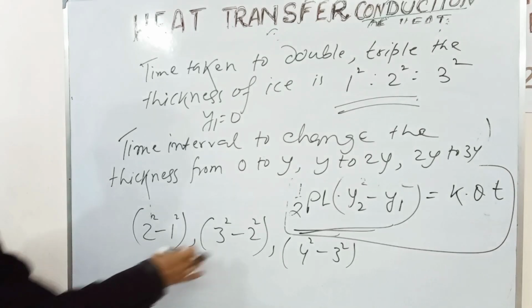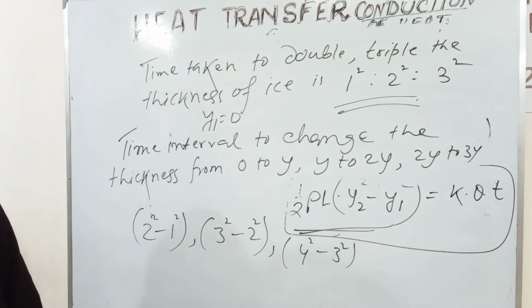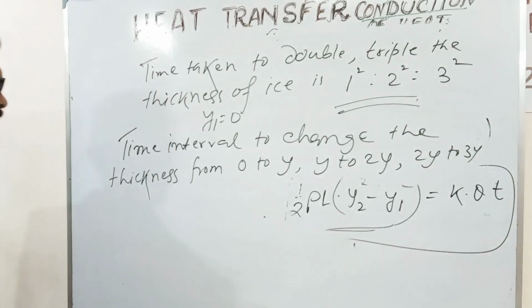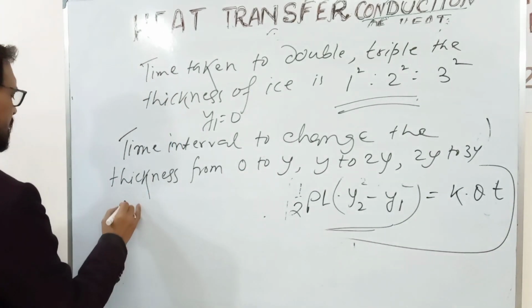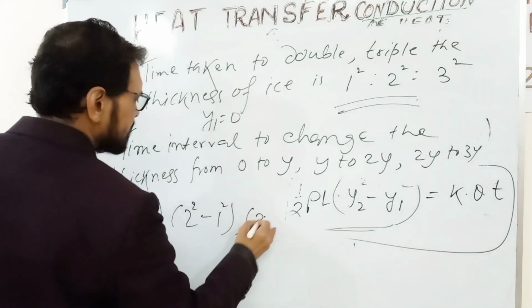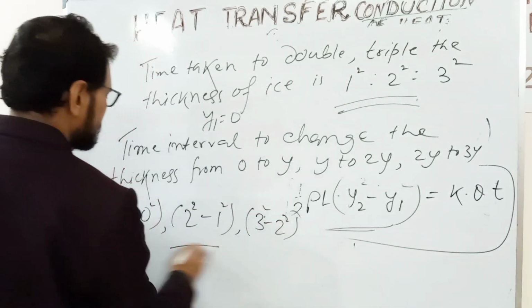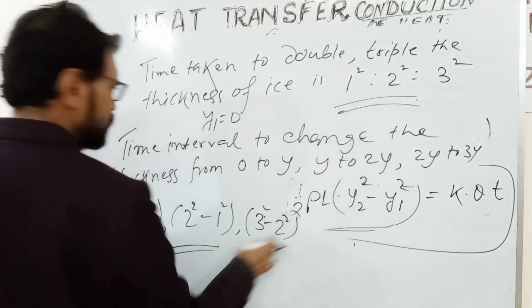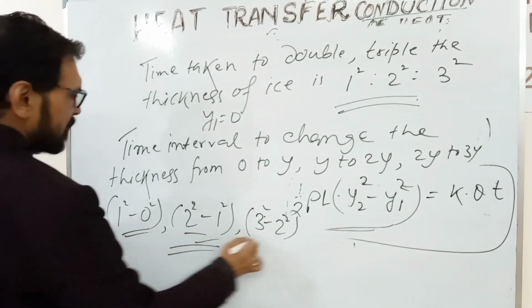So these are the time intervals. Should be 1 square minus 0 square, 2 square minus 1 square, 3 square minus 2 square. These are the time intervals. So put here, we get this time interval.